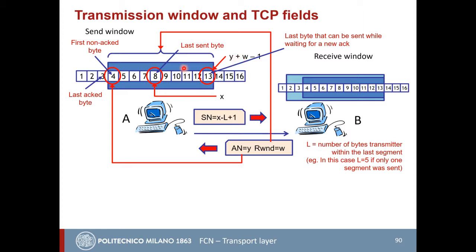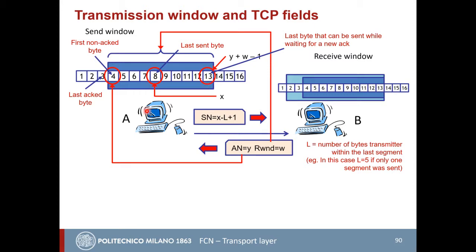Okay, w is the current size of the window, and y plus w minus 1 is the top of the window. What is the meaning of this number? This is the last byte that can be sent while waiting for a new ACK.